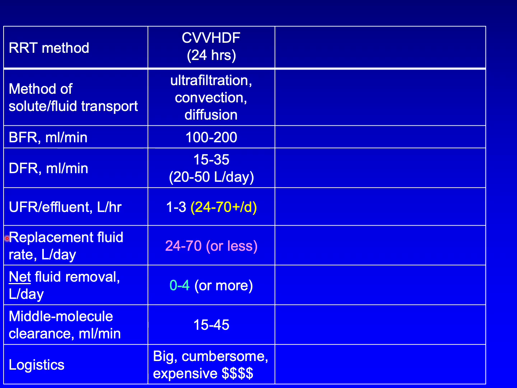And finally, before we get too self-congratulatory about all the wonderful technological advances that allow us to treat these very ill patients with kidney injury, I just wanted to finish by showing what happens when we compare our very best human efforts, which would be CVVHDF, with the kidneys that we are born with. With CVVHDF, we use a combination of ultrafiltration, convection, and diffusion to clean the blood and to reduce its volume.